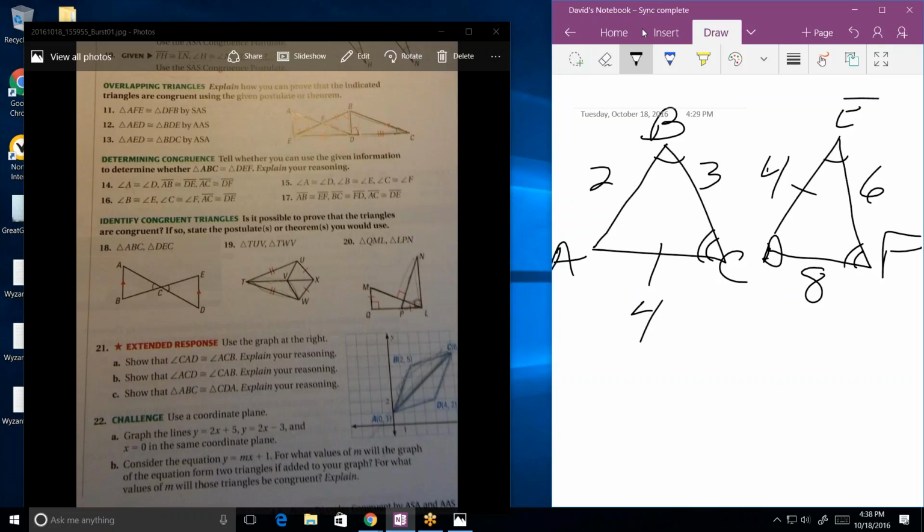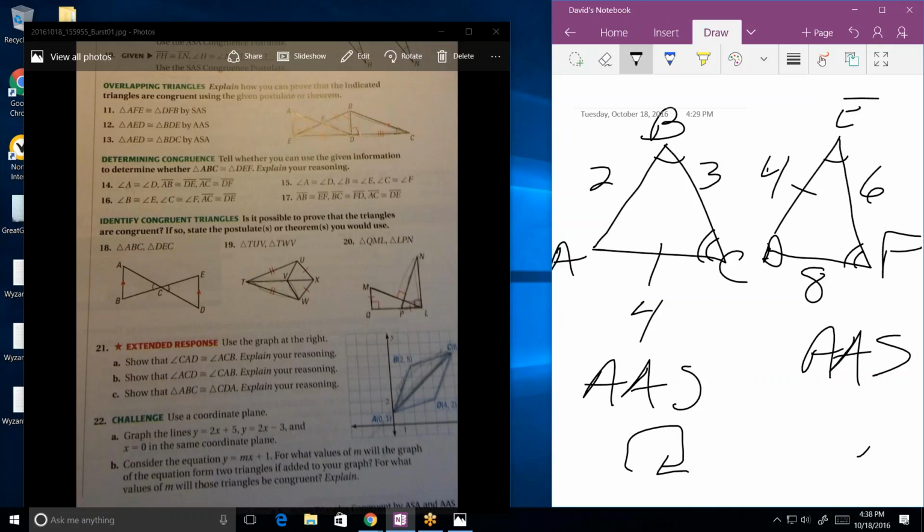So this one would be angle, angle, side going clockwise. And this one would be angle, angle, side going counterclockwise. And so if I use just angle, angle, side, they appear to be congruent, but clearly they are not.